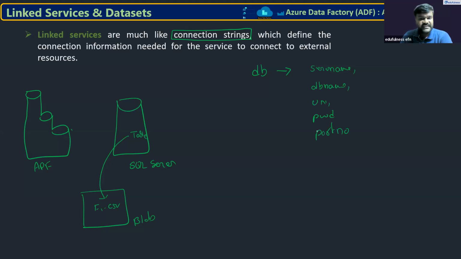To reach this particular database, you need to provide all these details. That is the connection string in case of a database. The required details for establishing the connection successfully is called a connection string.